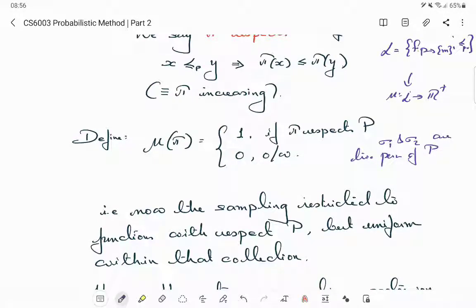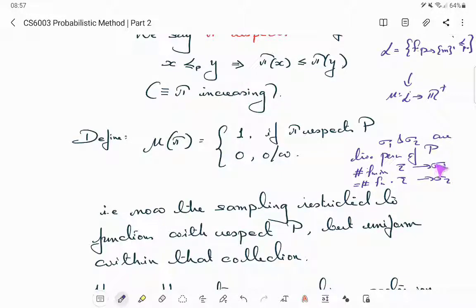of p, then the number of functions in tau which map to sigma 1 under the sorting is equal to the number of functions in tau which map to sigma 2 under the sorting.